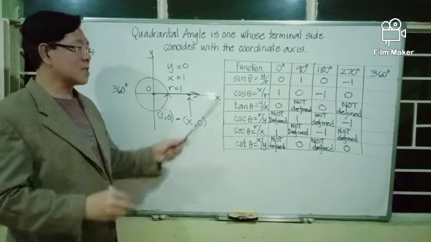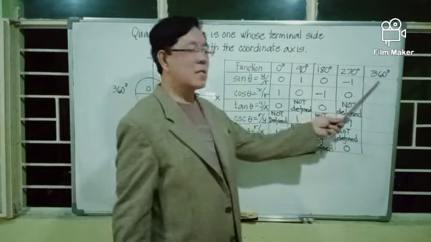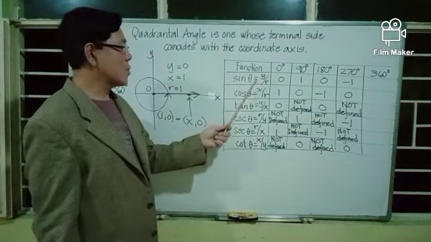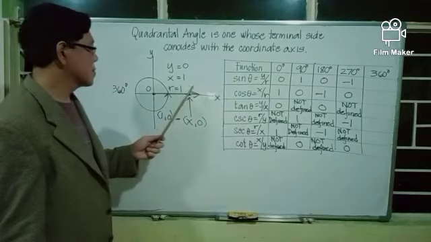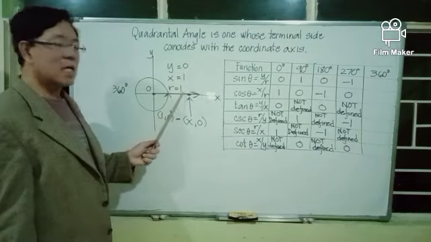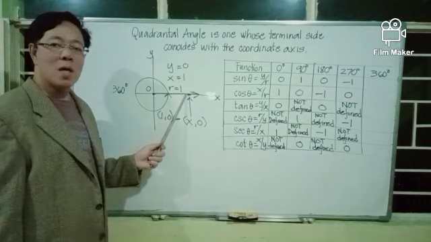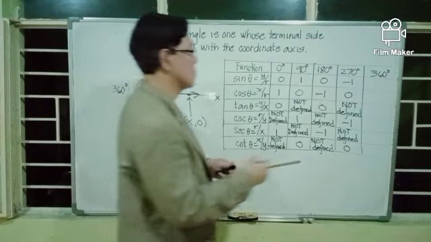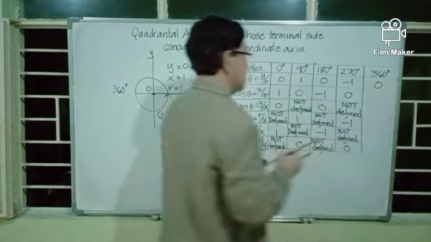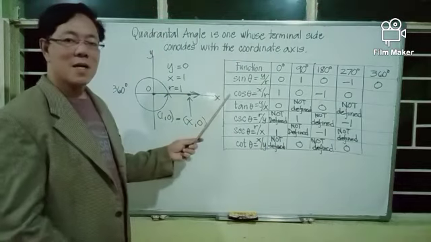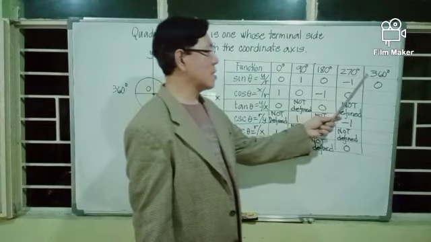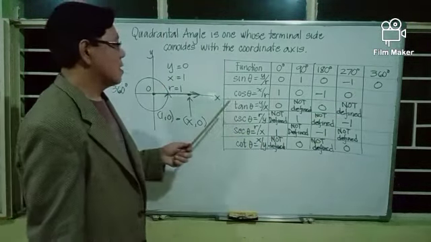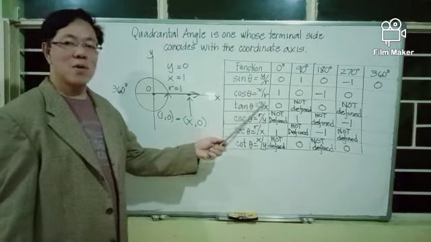We find the sine of 360 degrees. It's equal to y over r. Y is 0, r is 1. 0 divided by 1 is 0. Cosine of 360 degrees is given by x over r.